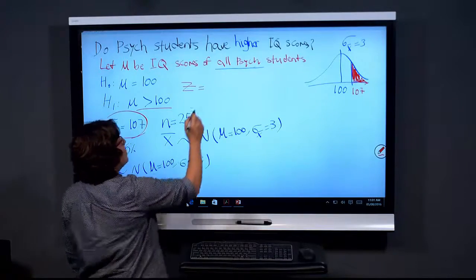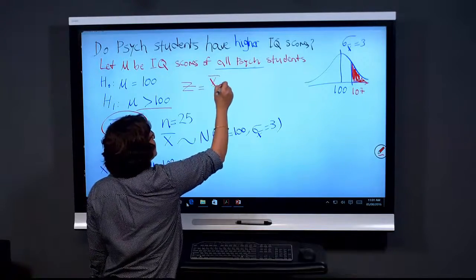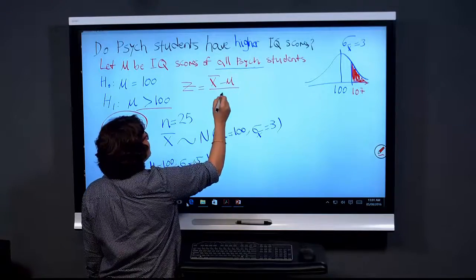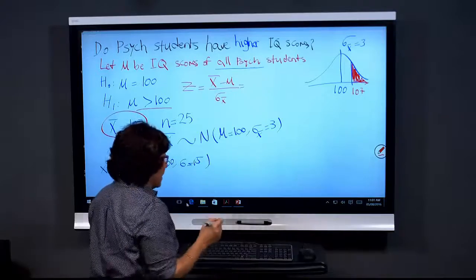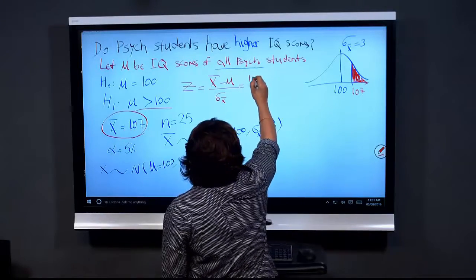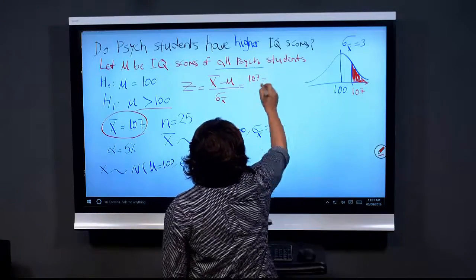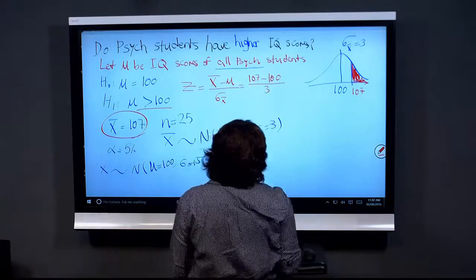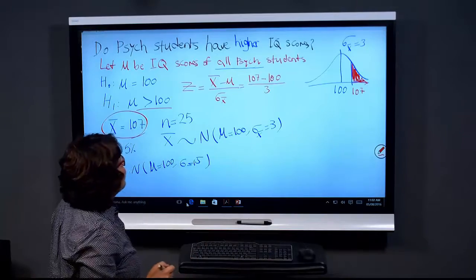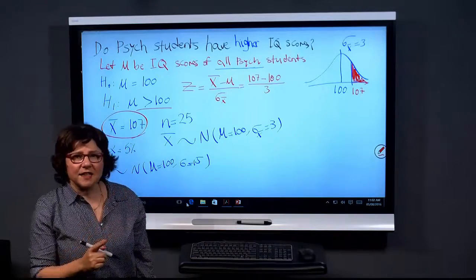So it would be x bar minus mu divided by sigma of x bar. And it would be 107 minus mu, which is 100, divided by 3. All right? And once we do that, we get the Z score of that.